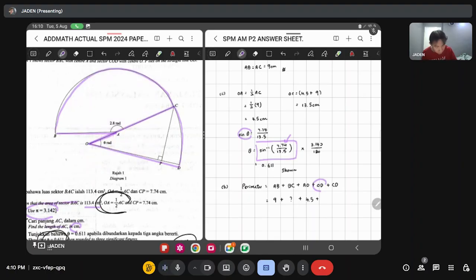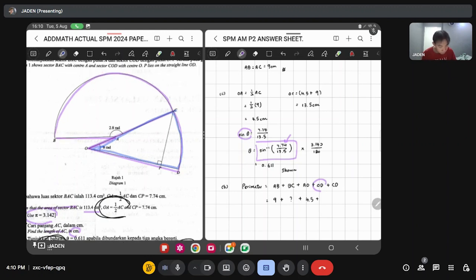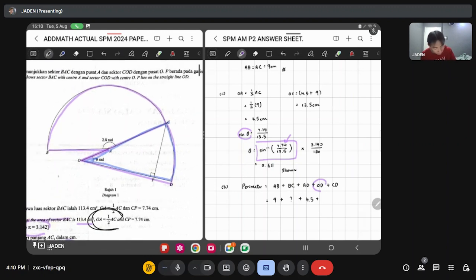Okay, because there is another sector over here. See, let me put it in blue. Yeah. Okay, just now I just forget about it. So there is another sector here where they tell you that C, O, and D is another sector, and therefore your O to C is the same length as O to D, which is 13.5.